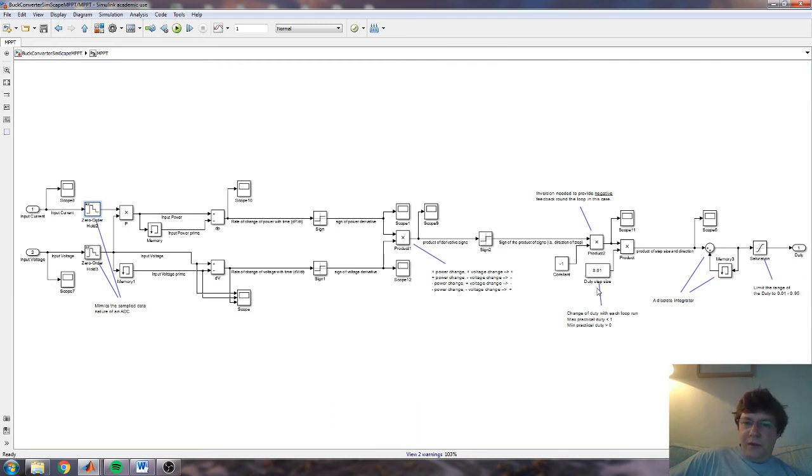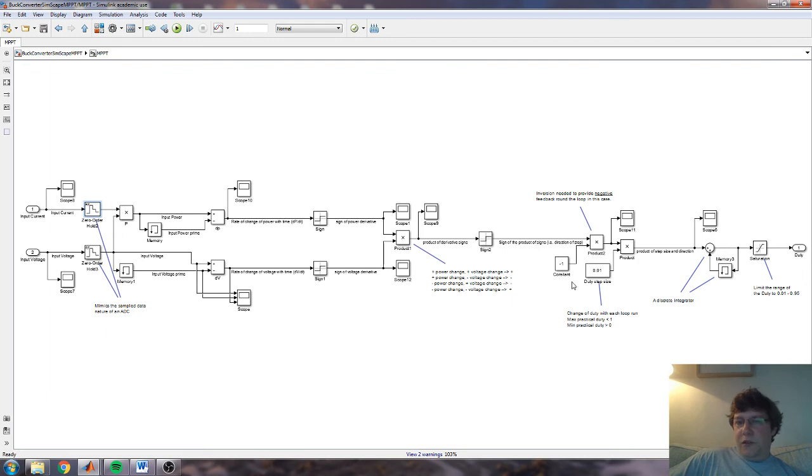So every 10 milliseconds we'll update the duty. Even if the duty is exactly what we'd like it to be, perfect in other words, it will still change. And that's why you get these oscillations. The duty cycle is changing each time the controller runs.